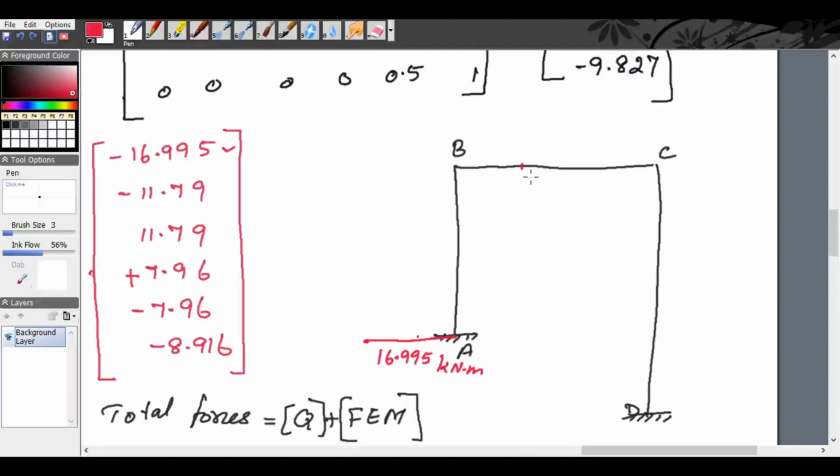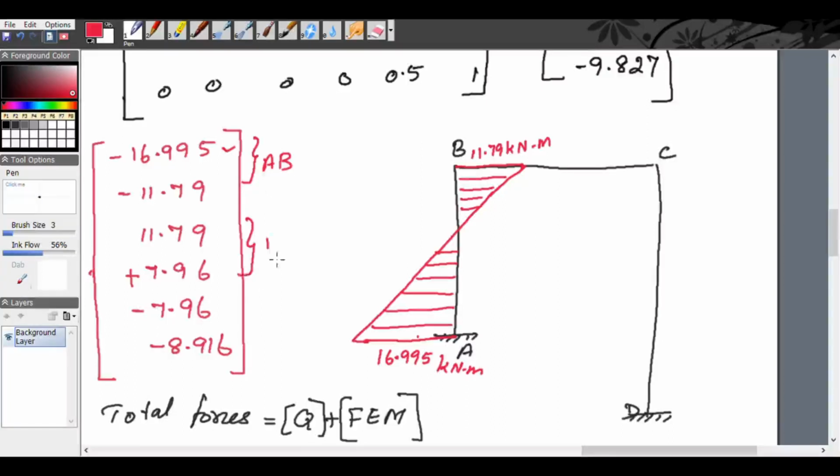So here it is 11.79 kilonewton meter. So this is for AB. Now for BC. So for BC, when we take BC, it is plus 11.79.